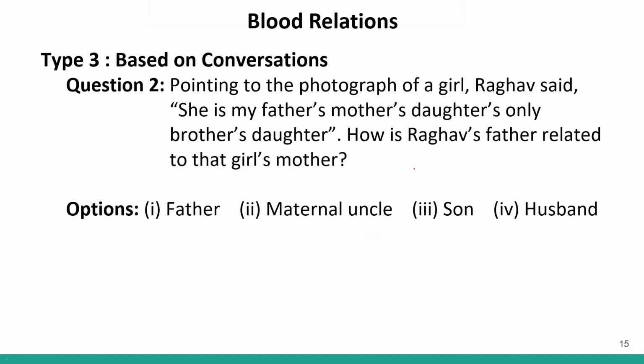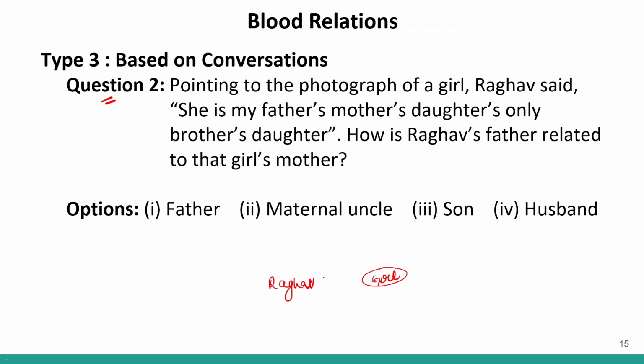Easy? Question number 2 says, pointing towards the photograph of a girl, Raghav said, the girl is my father's mother's daughter's only brother's daughter. So first we have to find the relationship. Let's say Raghav is over here.